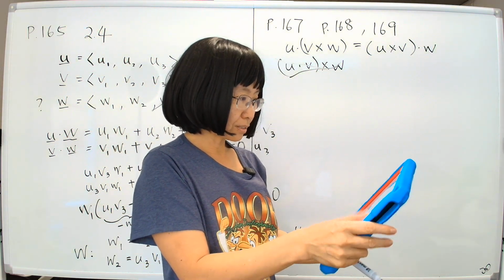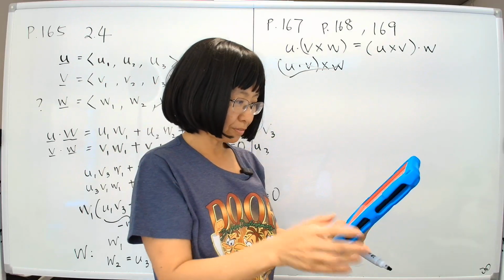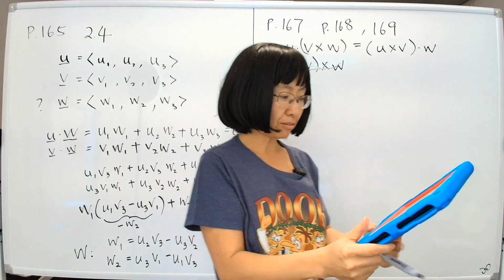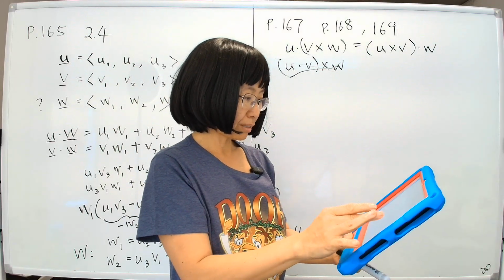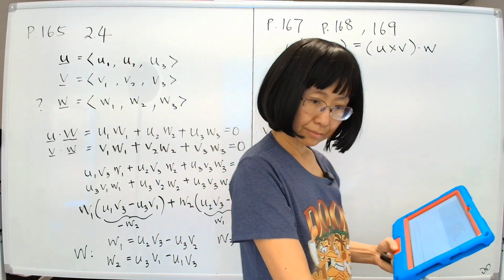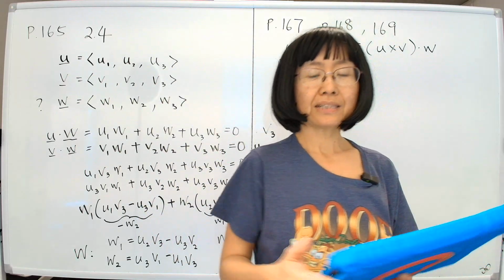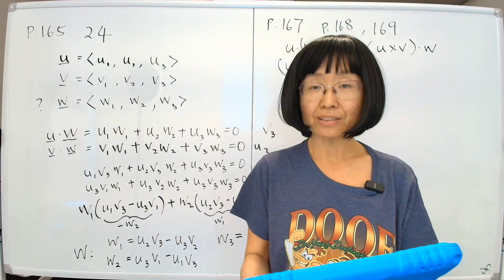Now for the proofs of the properties, you basically do the algebra and then see that it comes out. Mostly you just work from the definition and the algebra.